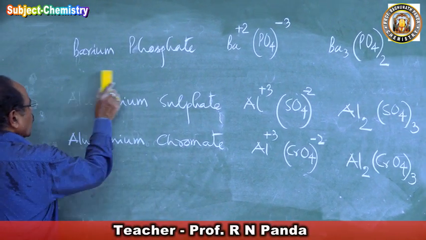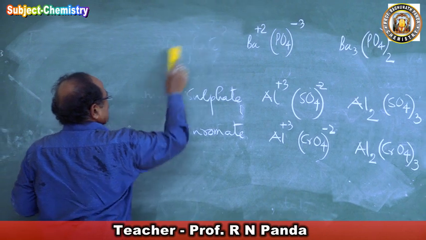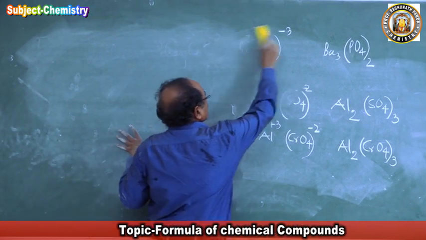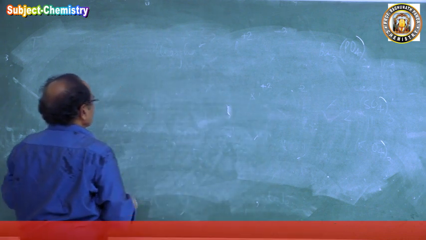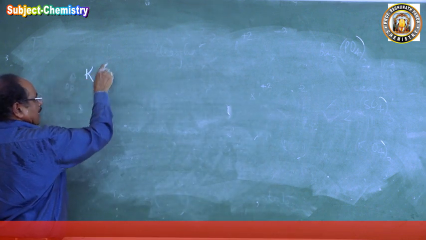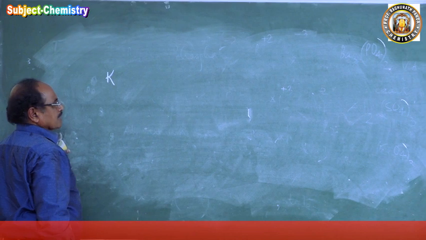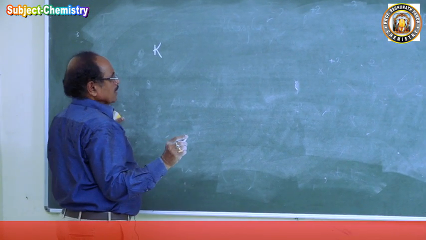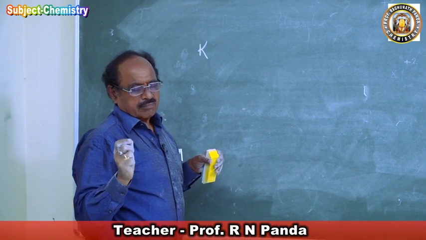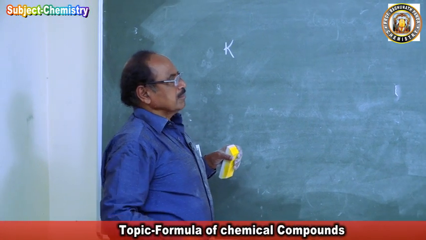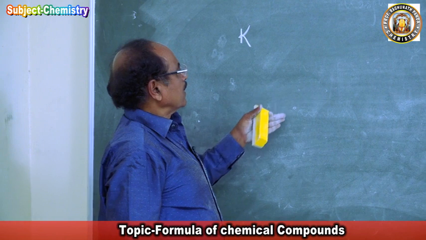So at home I am giving a home task. What you do, you take potassium and write the formula for all acid radicals, all anions, that is single radicals, simple radicals and compound radicals.